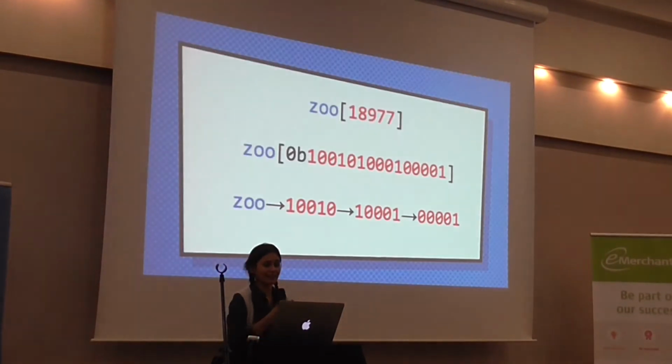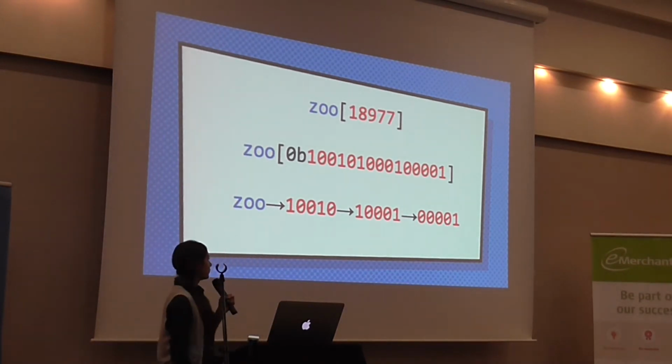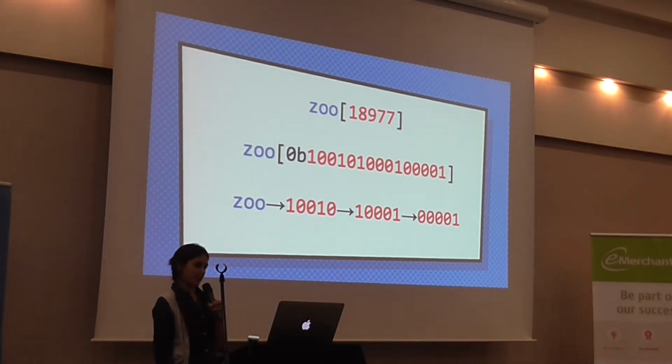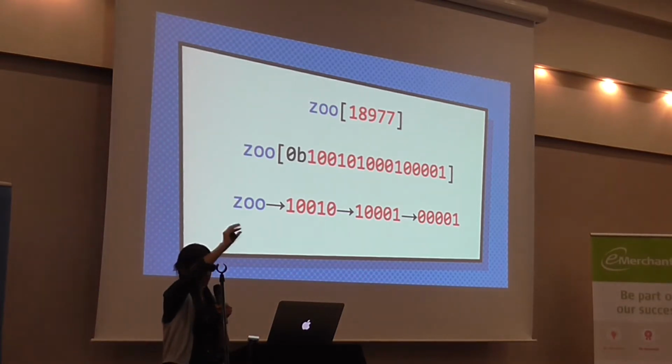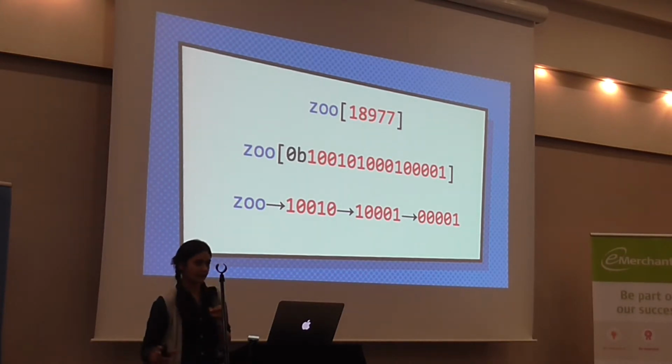So if we have this big old 15-digit binary number representing our index, instead of having to go through 15 levels, I only have to go through 3. Because if I have 32 slots in each node, I can consume 5 bits of information at a time. So we've got a shallower tree.